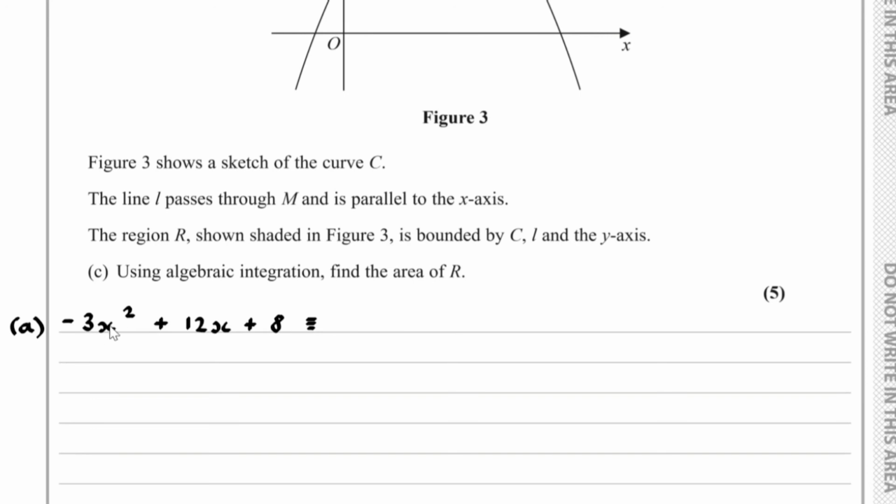So if I factorize out the coefficient of x squared from the first two terms, we have minus 3 on the outside, and inside this big bracket we have x squared minus 4x, close big bracket, and then we've got the plus 8.